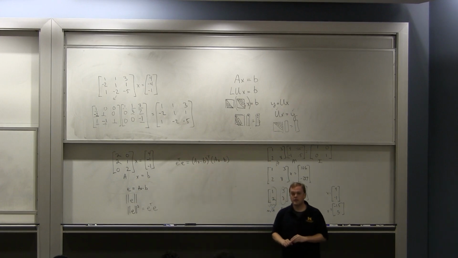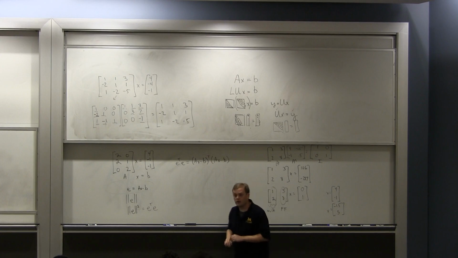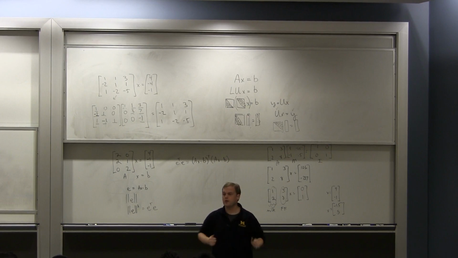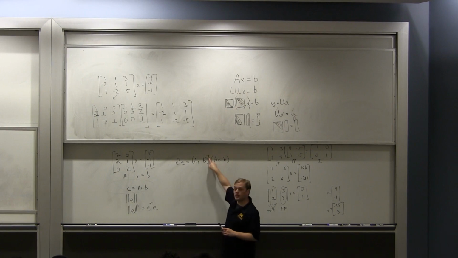Now, I need to multiply this sucker out, being very careful about the fact that now we're talking linear algebra, not plain old arithmetic, so I need to be careful about transposes and making sure that I don't incorrectly change the order of multiplications. So what do I do? Well, the first issue maybe is this transpose here.